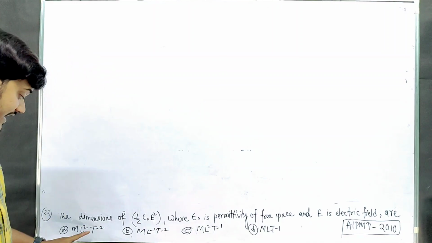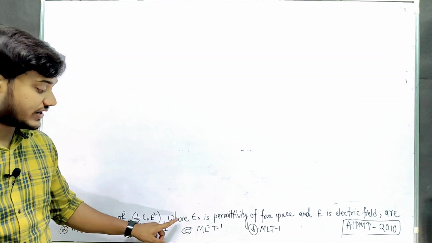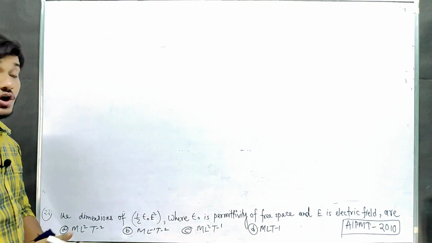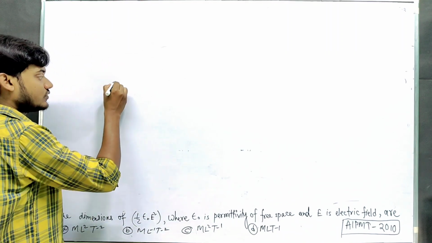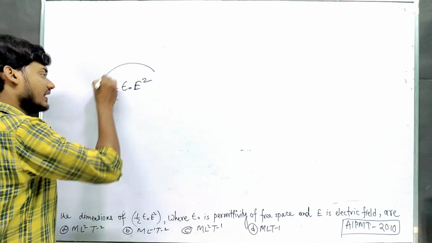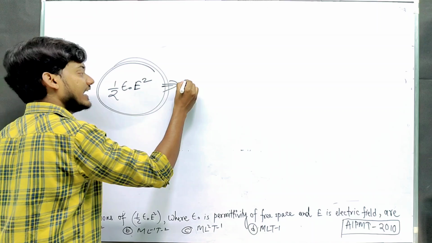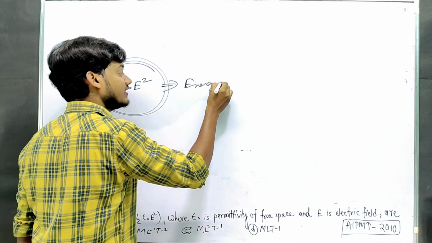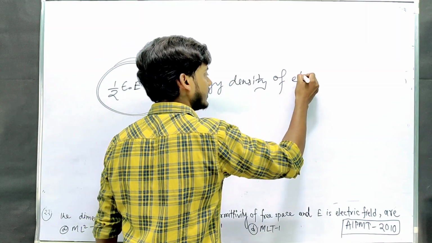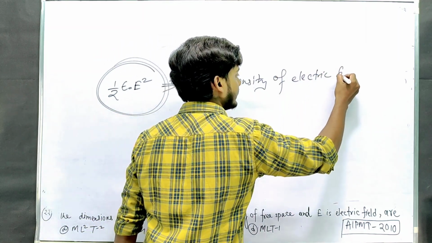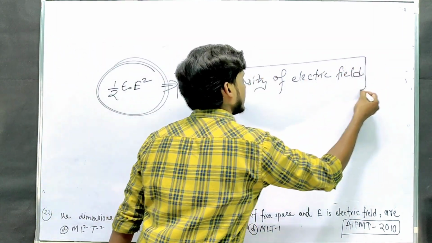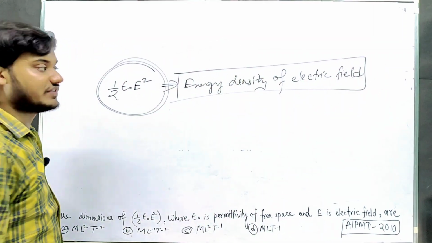Next, number 22. The dimensions of half epsilon naught E square, where epsilon naught is permittivity of free space and E is the electric field, options are given. We know, you have to remember one thing: this is energy density of electric field. कैपेसिटर चैप्टर में हमने पढ़ा है, energy density of electric field.